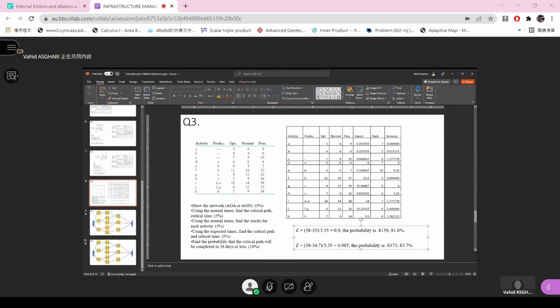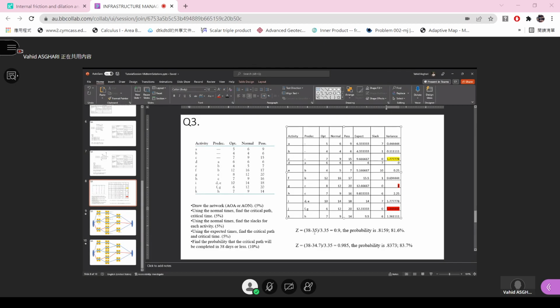For CGJ, like this is the C and G, perhaps red will be better. Let me do this. CG and J. The probability will be 83%.